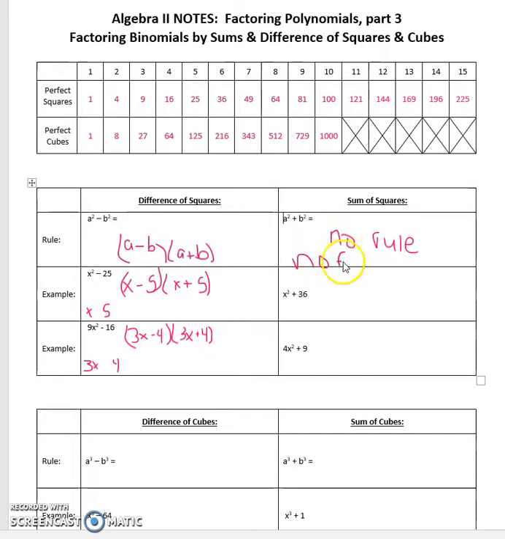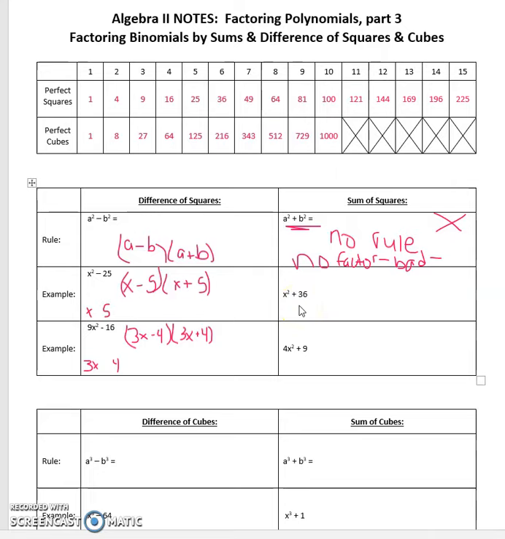No factor. Sorry. This doesn't work. Big no. So x squared plus 36.